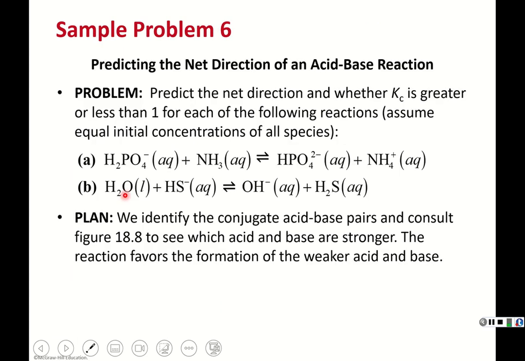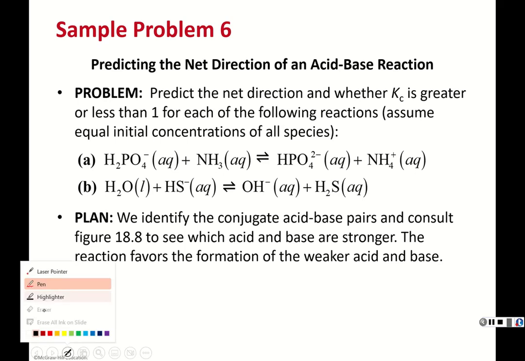So if we try a practice problem using this principle, predict the net direction and whether Kc is greater or less than 1 for each of the following reactions. You can assume that we have equal initial concentrations of these species. So now we need to identify which of these is stronger. We have H2PO4 minus plus NH3 goes to HPO4 2 minus plus NH4 plus.